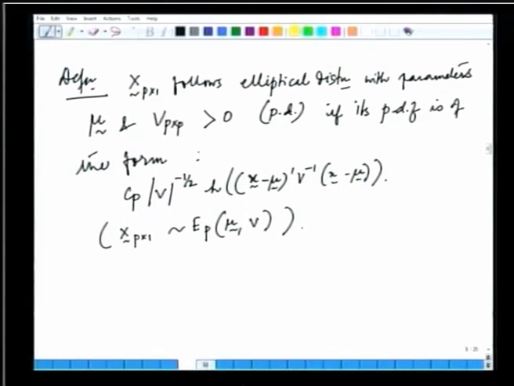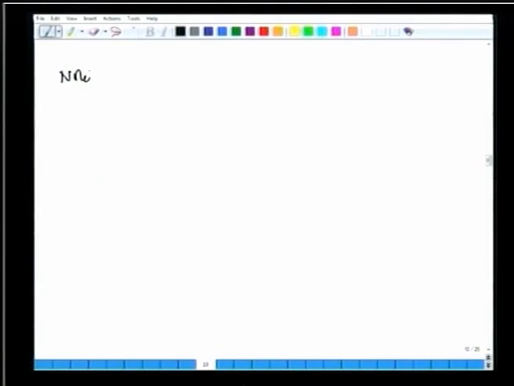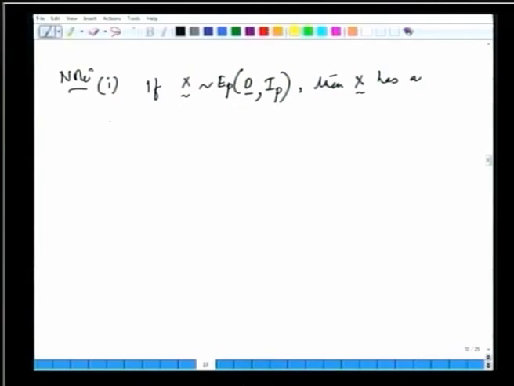And note that if x follows E_p with mu replaced by the null vector and V replaced by the identity matrix I_p, so it is sort of a standard elliptical distribution, then in this case x has a spherical distribution.